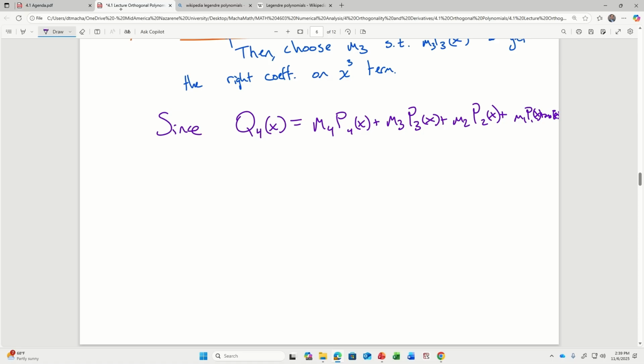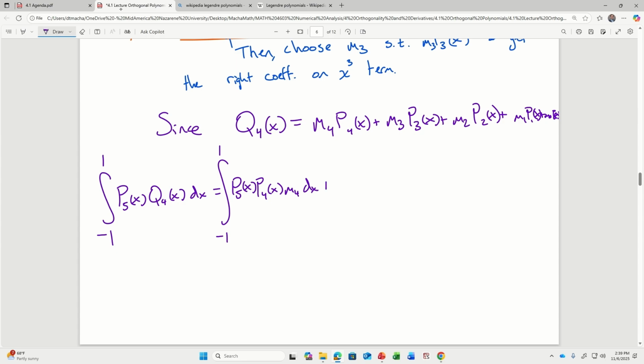And since that's orthogonal, what happens is I go to take the inner product between P5 and Q4, right? But I can go ahead and break that inner product integral into the inner product of P5, P4 times a constant M4, plus the inner product of P5, P3 times that constant multiple, and so on.